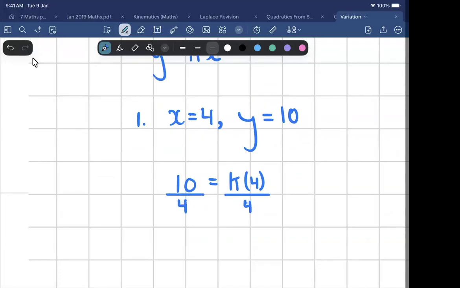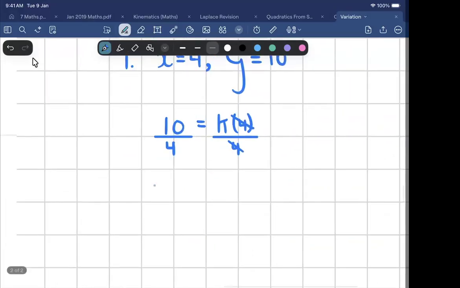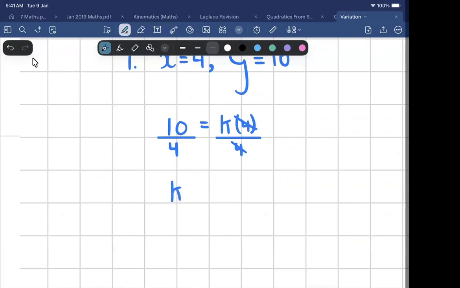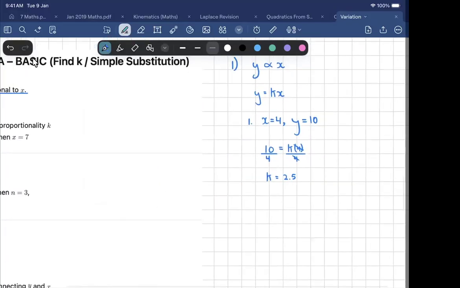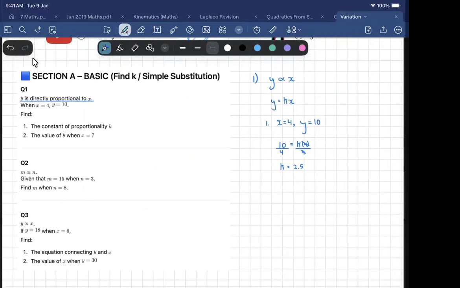You get divided by 4, you get divided by 4. So K would be equal to what? Two and a half. Yeah, 2.5. So if K is equal to 2.5, then we've answered part one.